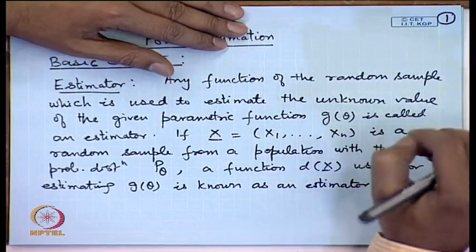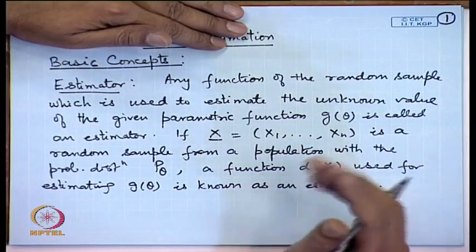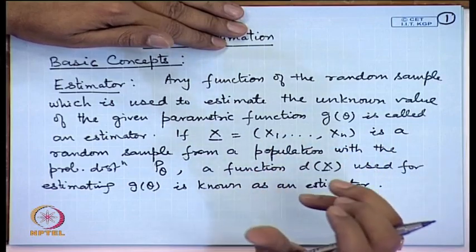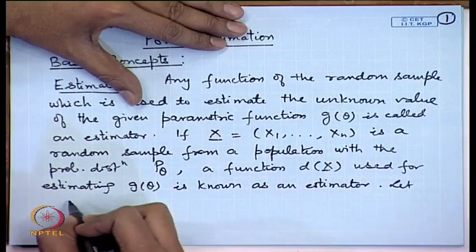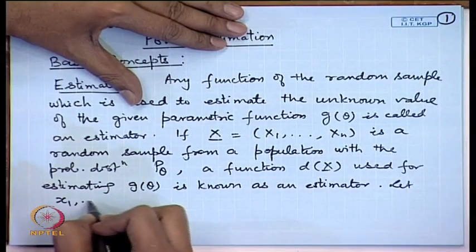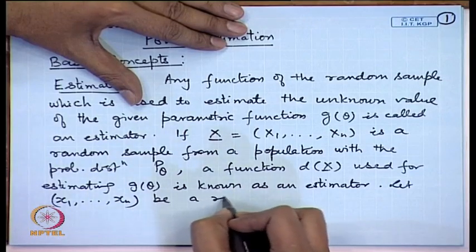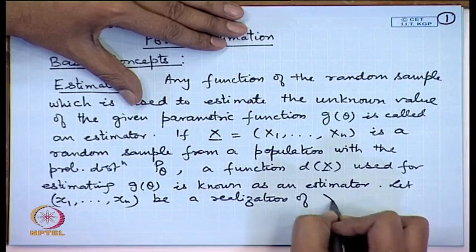Now, in reality what will happen is that this x 1, x 2, x n will take some values, because when you go to the field and collect the data, this x 1, x 2, x n will correspond to some numerical observations. So, let x 1, x 2, x n be a realization of say x.